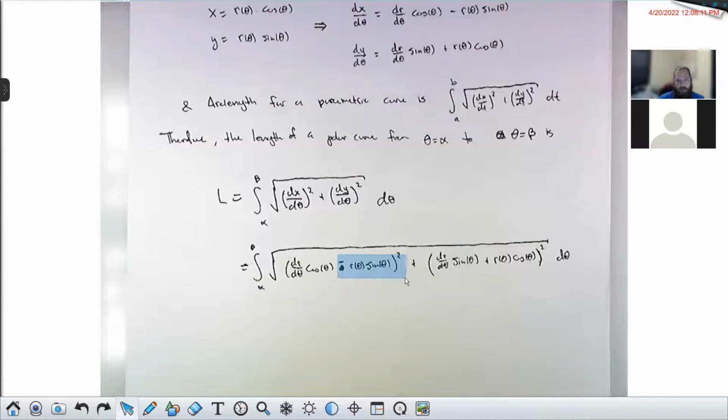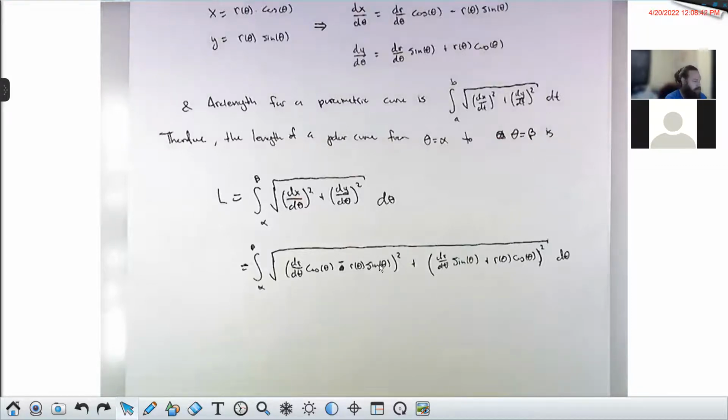Your last terms are r squared sine squared theta and r squared cos squared theta. Again, put those together and you have r squared times sine squared plus cos squared, which is 1. And then the cross terms: minus 2 dr d theta cos theta r of theta sine theta, and plus 2 dr d theta sine theta r of theta cos theta.